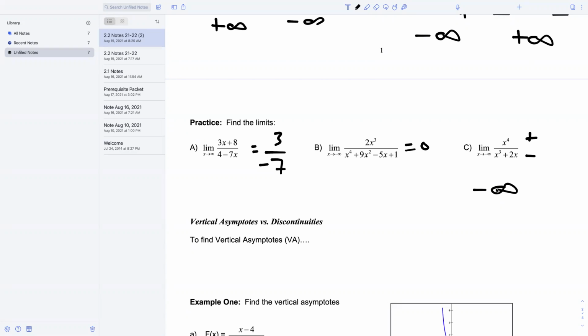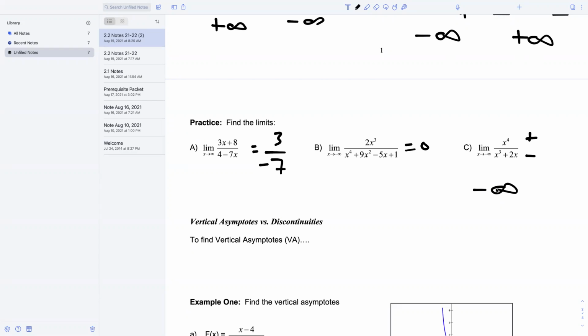If it's going to a point, if it's the limit as x goes to 1, or the limit as x goes to 0, we check to see if it will factor, and then we plug in. Or if it won't factor, we just plug it in. But we do this only for limits going to infinity. Got it?